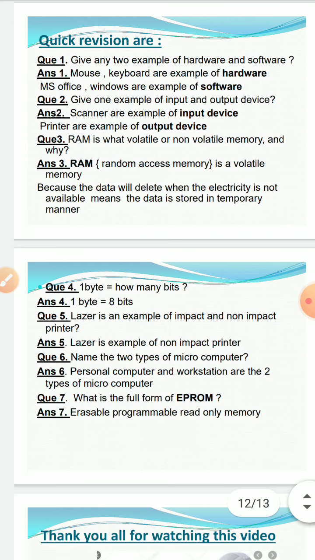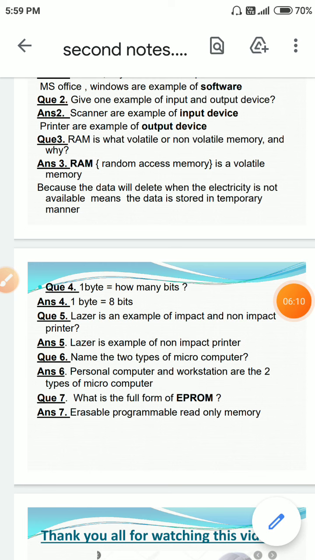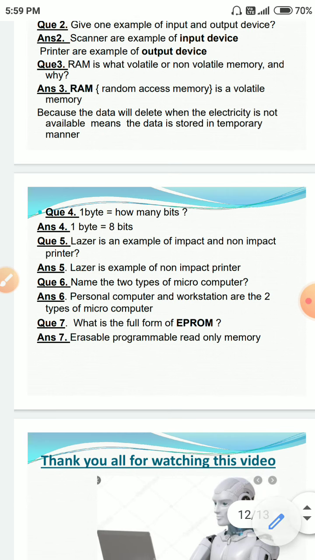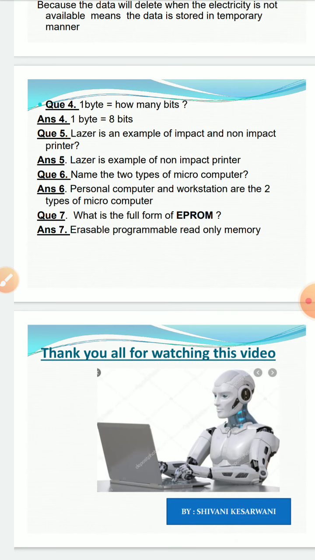Laser is an example of impact printer or non-impact printer? Laser is an example of a non-impact printer. Name the two types of a microcomputer. Personal computer and workstation are the two types of a microcomputer. What is the full form of EPROM? Erasable Programmable Read-Only Memory.